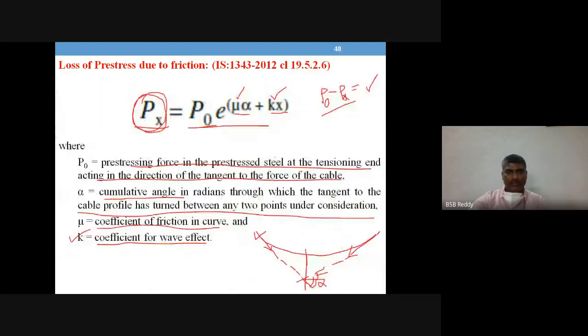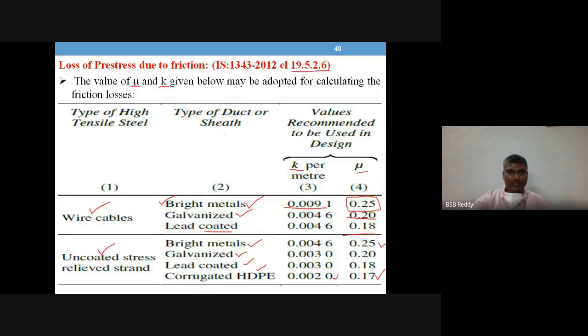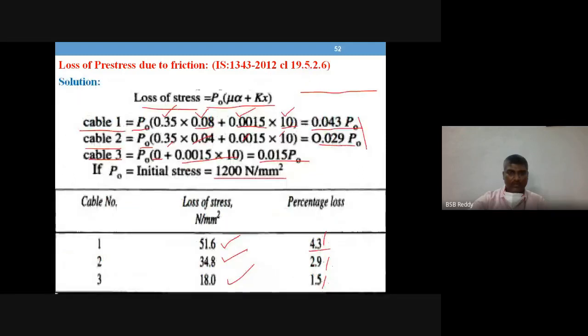So finally, the formula that you have to see is P naught minus Px is equal to the loss of pre-stress, where P naught is the original reading in the hydraulic jack minus the Px, the actual value after frictional loss.